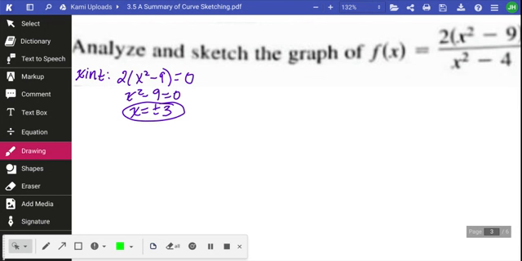Okay. On your homework, I did provide you grids. For notes, we're just going to have to muddle through. All right. So then let's do our y-intercepts. How do you find y-intercepts? We're going to let x equal 0. So we will do y equals instead of f of x equals. And then we'll do 2 parentheses 0 squared minus 9. You can probably do a lot of this in your head.